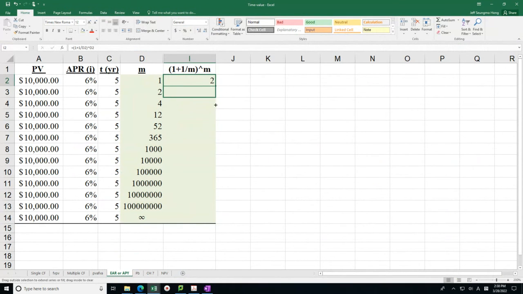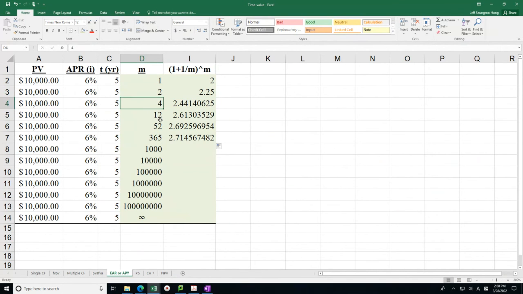If it is semi-annual compounding, quarterly, monthly, weekly, daily, what do you see? The compounding factor, or the multiplier, increases. Of course, because the compounding frequency increases.